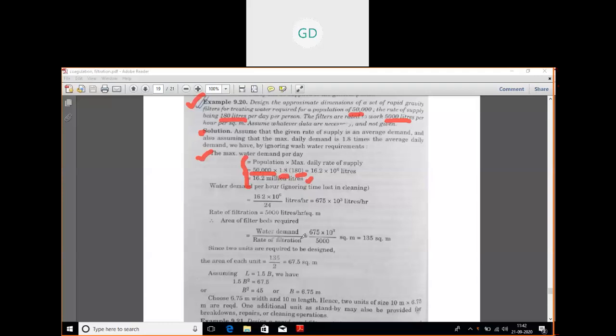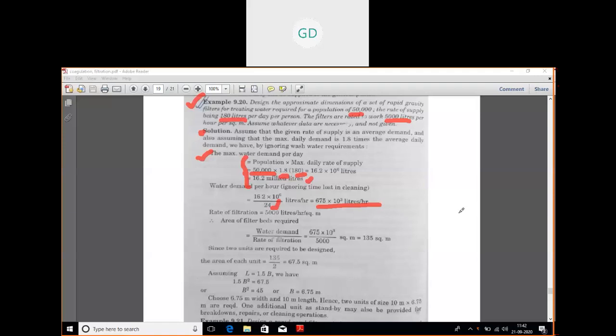Now the water demand per hour. They divide the maximum water demand per day by 24, and get 675 into 10 to the power 3 liters per hour.